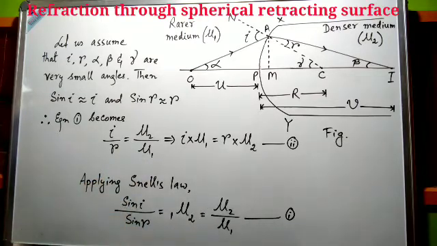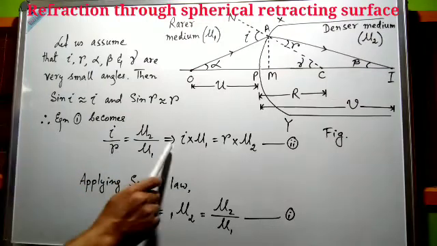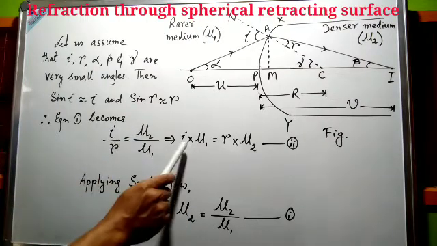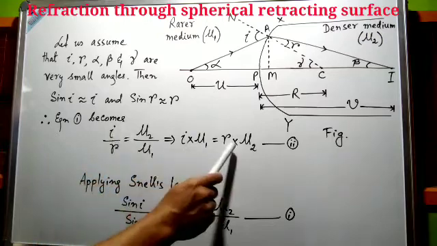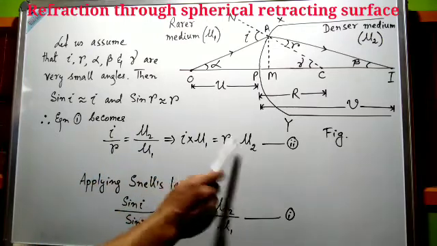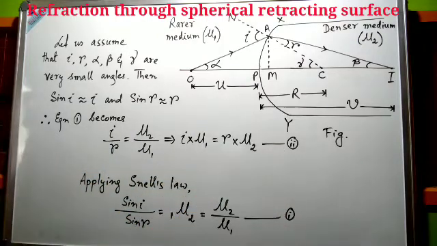So cross multiplication gives I into mu 1 equal to r into mu 2, and write it as equation number 2.